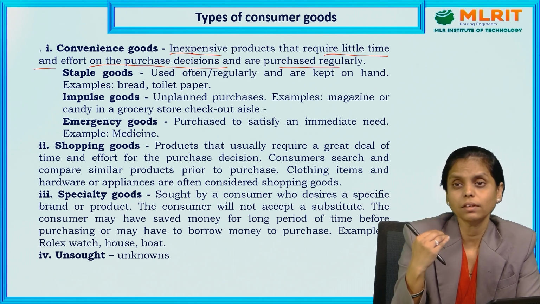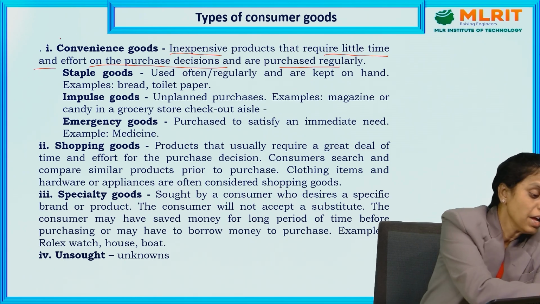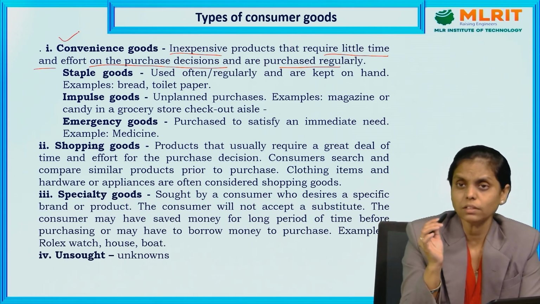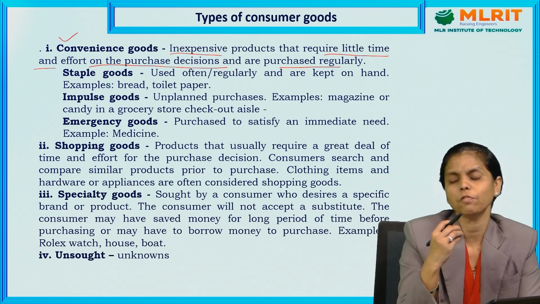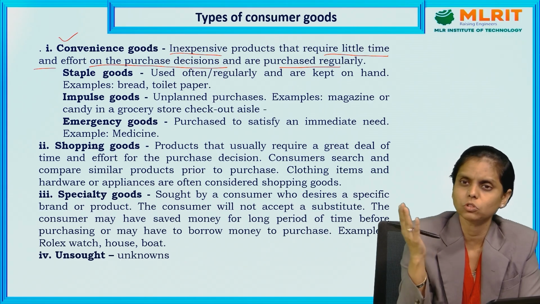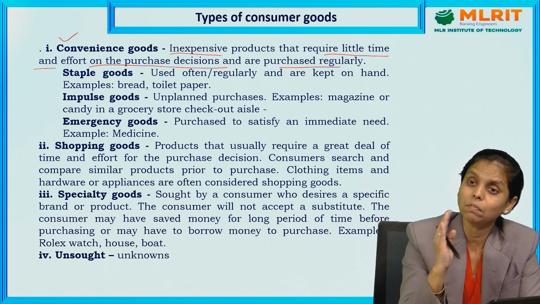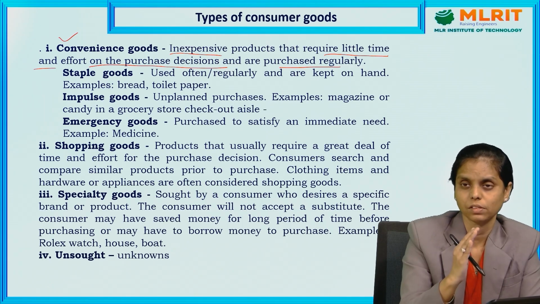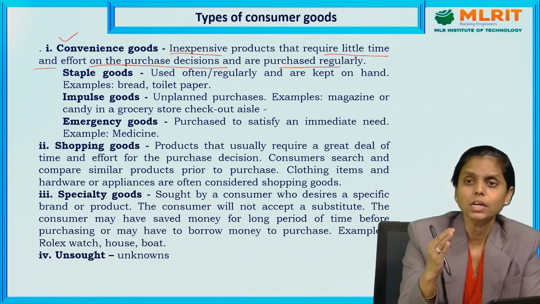Now, under the consumer goods, these are convenience goods. That is, we purchase the goods for making our life convenient. Regular purchases like shampoos, erasers, books, pens. For this kind of product purchase, we are not going to spend hours or days taking the purchase decision. We are regularly purchasing and we are habituated to purchase the same type of brand.